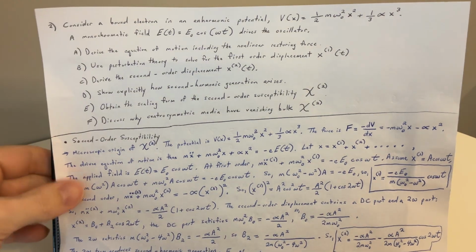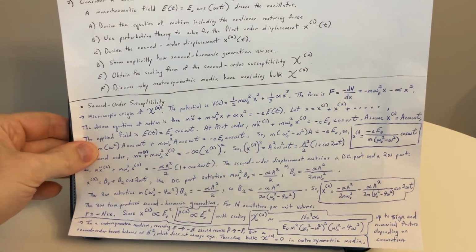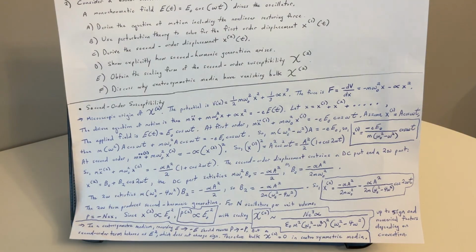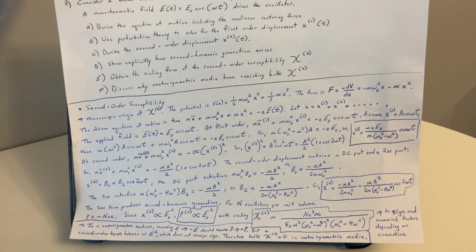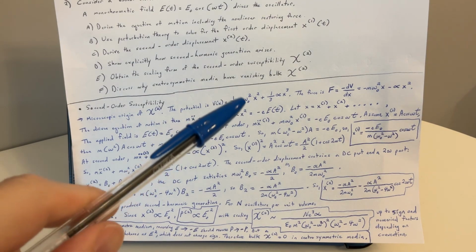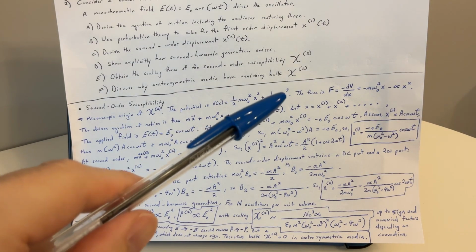we're just going to go through this whole thing here. Okay, so starting here, second order susceptibility, microscopic origin of what we have here. The potential has the following: V of x equals 1/2 m omega naught squared x squared plus 1/3 alpha x cubed.